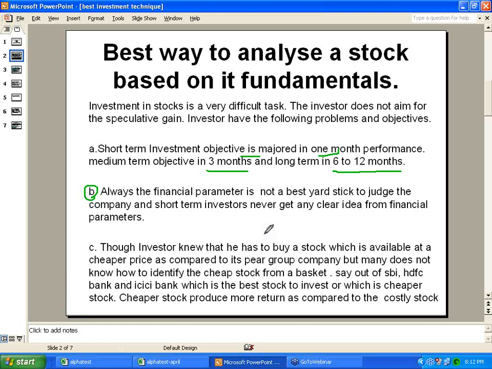So those financial yardsticks are not the best parameters for our short-term investment whenever our objective is 1 month or less than 1 month. So we need to hunt for some different ratio or different parameter which can help us to decide the best stock out of a basket of stocks. So that should be our idea.